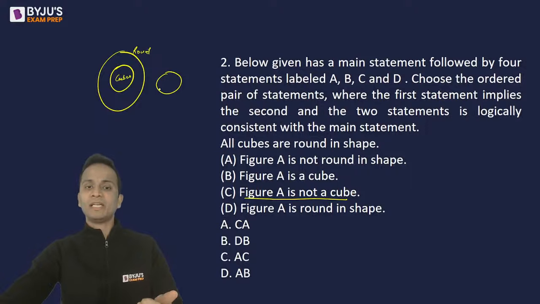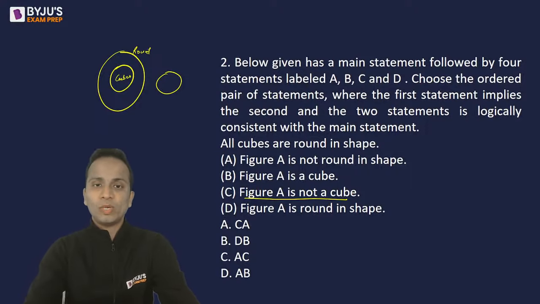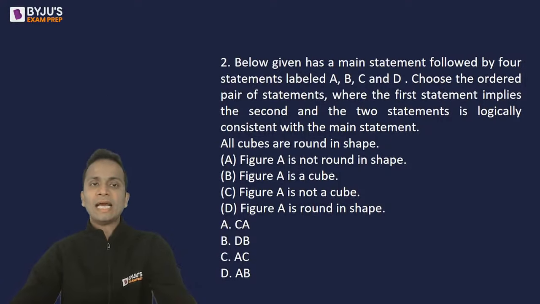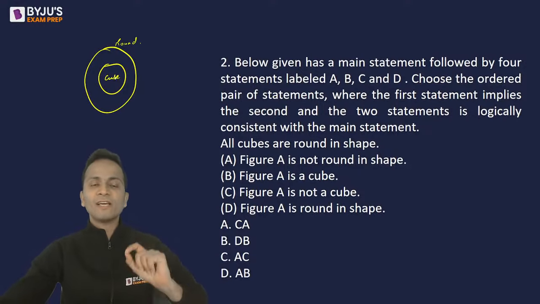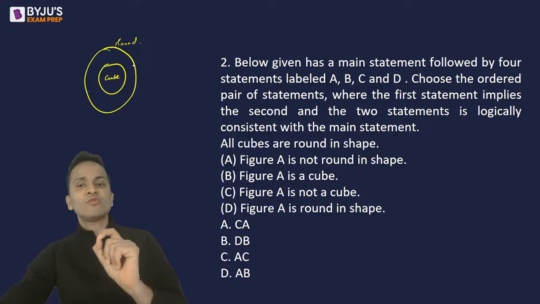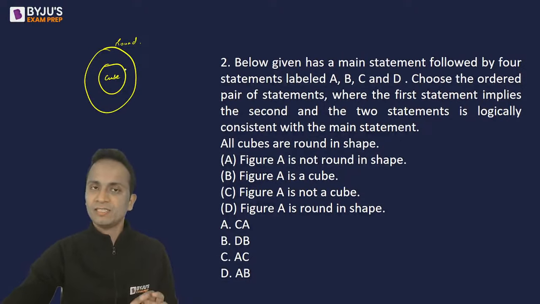Can I interpret this thing? Or vice versa. This is what you will have to find out. Okay. So I can say that this is cube and this is round. So if a figure is cube, then it will be round definitely, right?